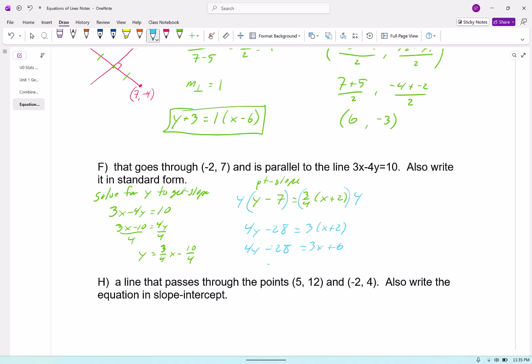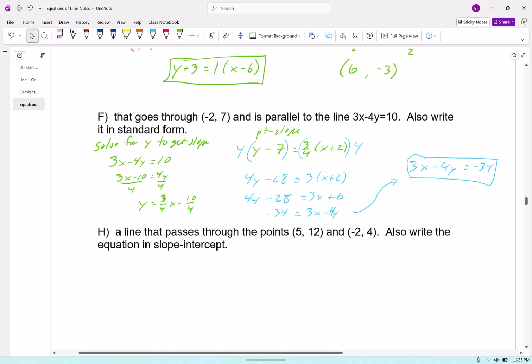So it's going to end up being -34 equals 3x minus 4y. Okay, and I could just rewrite it so that it's like the other one: 3x minus 4y equals -34. All right, so that is in standard form, what I want for my final answer.